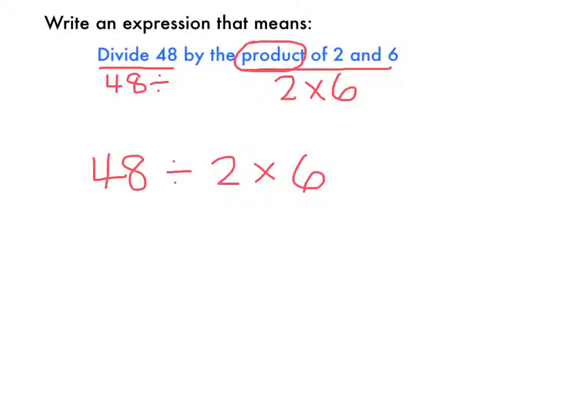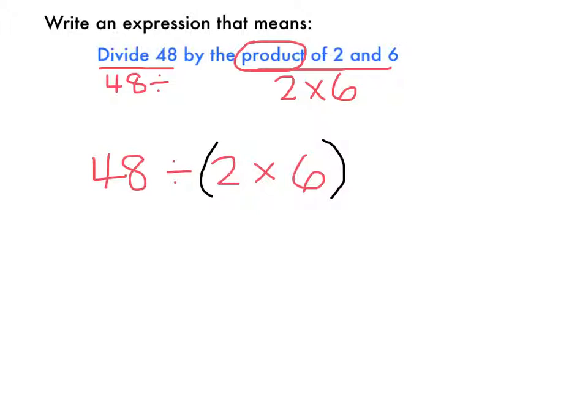Now going back to the original problem, it doesn't say divide 48 by 2. So if I were to leave this right now, that's what I would do. I need to put in the grouping symbols, parentheses, around the 2 times 6 so that I'm actually doing divide 48 by the product of 2 and 6. I want to find this product first and then do the division.